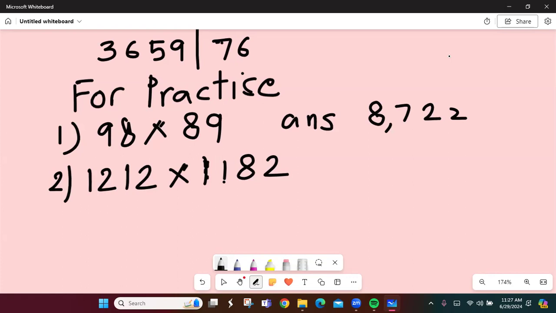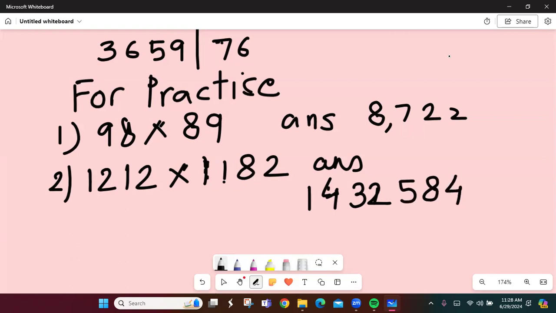So take the non-standard base as 1200 and you will get the product in this case as 1,432,584.